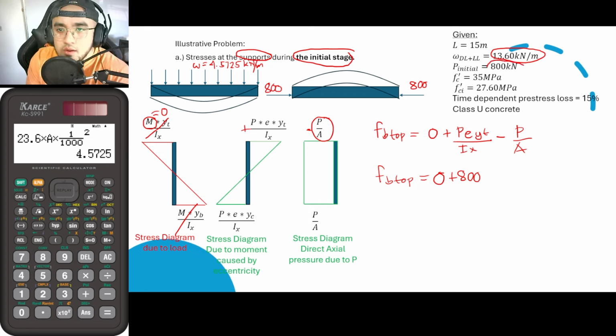It would be better if you convert it first into newtons to have unit consistency. So I would be multiplying this by 1000, or times 10 raised to 3. Once again, this is in newtons. Then for E, what is the eccentricity?